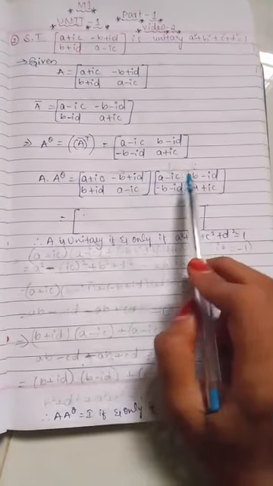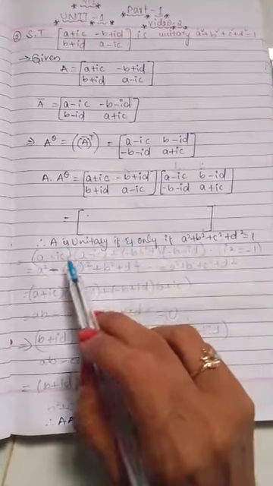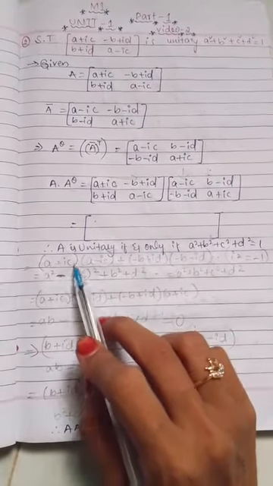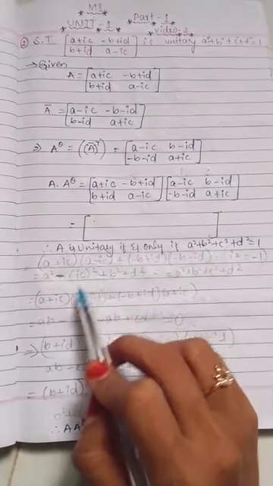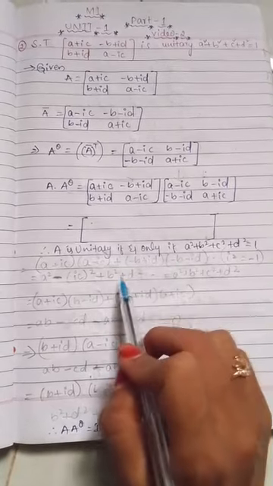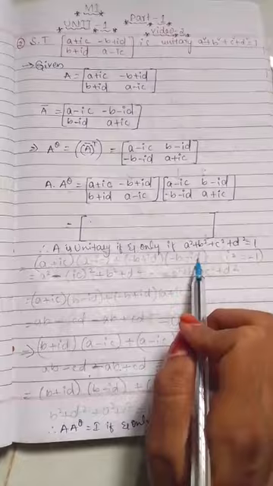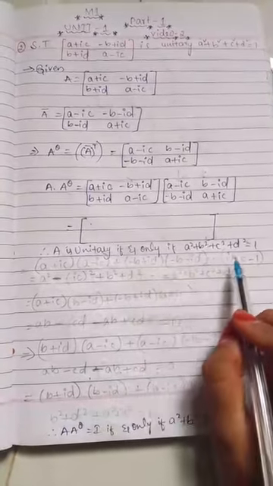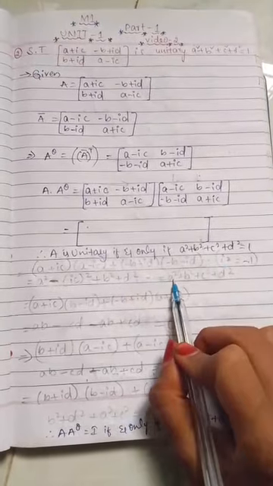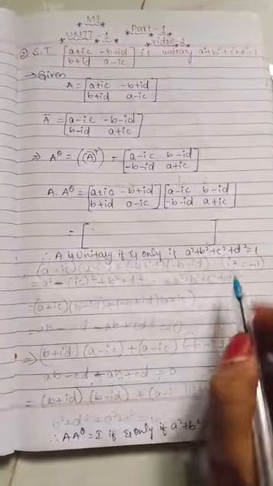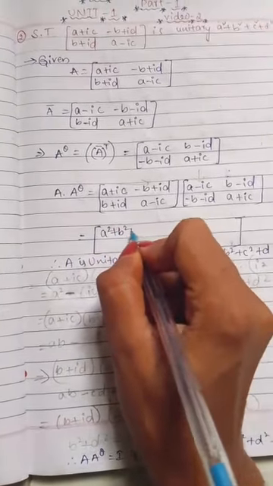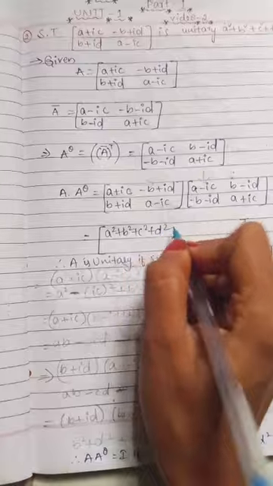This will be A into A, A square, plus into minus iC, that will be C square, plus B into B, minus into minus plus, that is B square, and iD into iD, that is i square which will be minus 1, that's why D square. Here I will get A square plus B square plus C square plus D square. Here in this place also I will get A square plus B square plus C square plus D square.